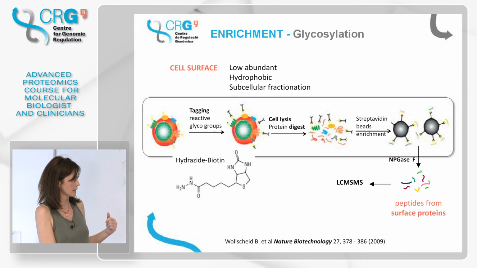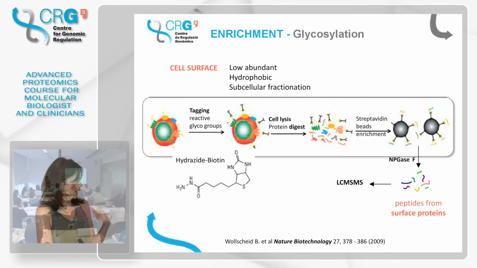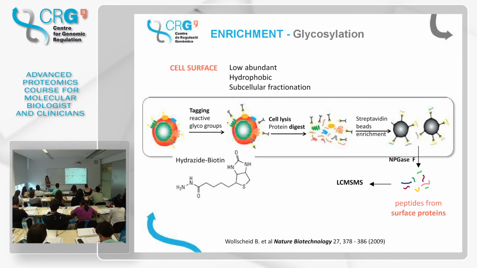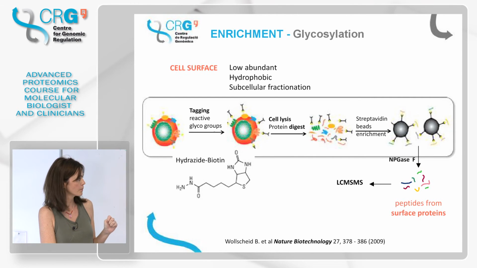So it's the same strategy that I just explained, but in this case, after oxidizing our sample, the aldehyde reacts with a hydrazide that is attached to a biotin. Therefore, we can tag each glycoprotein that we have on the cell surface.